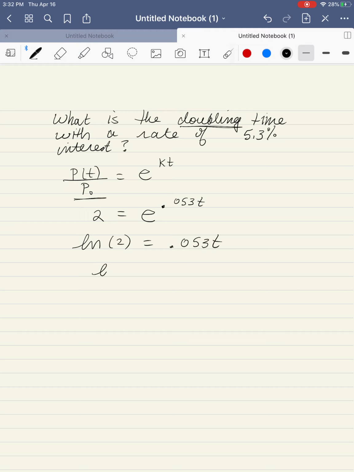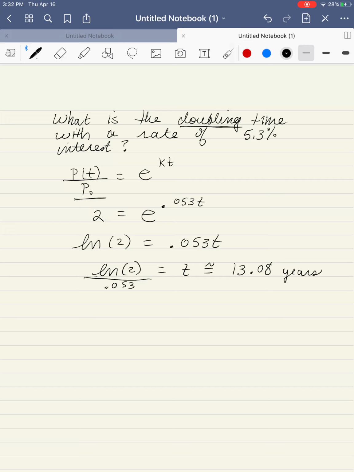And then I can solve using my natural logarithm, divide by my interest rate, and I get t is equal to 13.08 years.